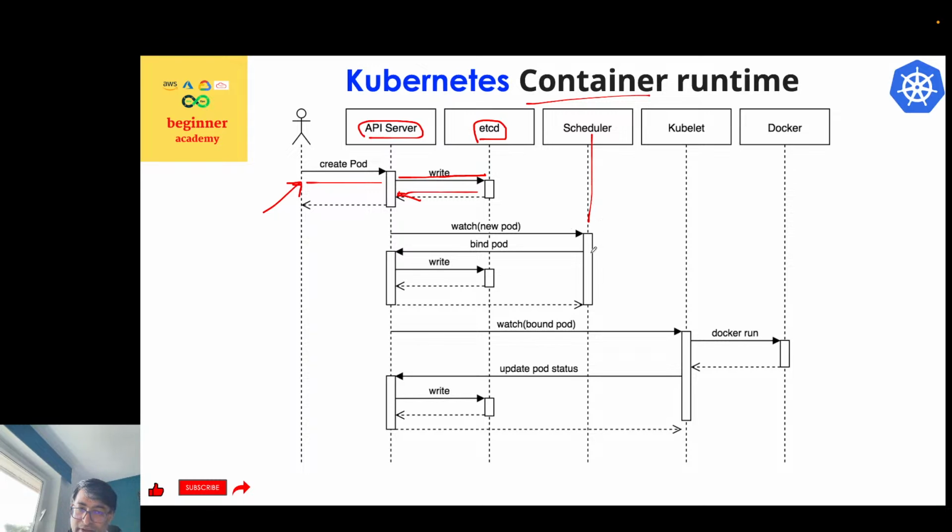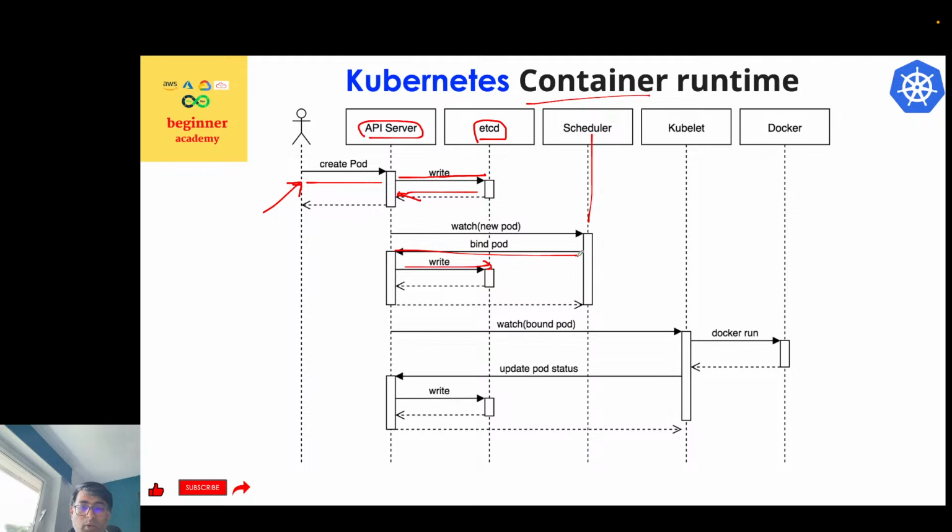Once we get the information about which node the pod has to be bound to, the scheduler will respond to the API server. The API server again makes an entry into the etcd database saying this is the pod, and it will go and create it there.